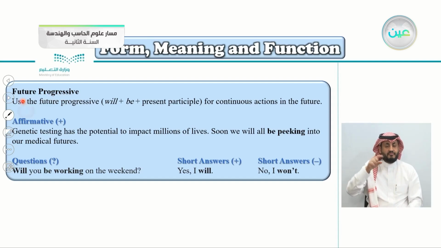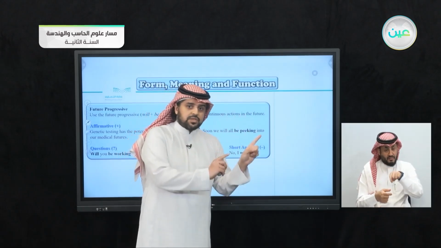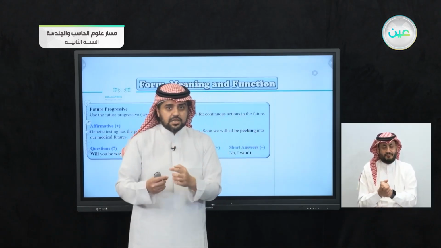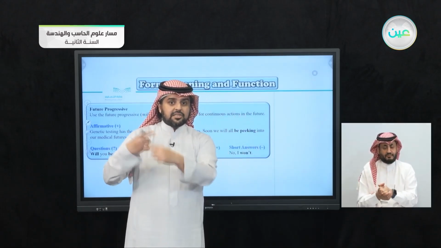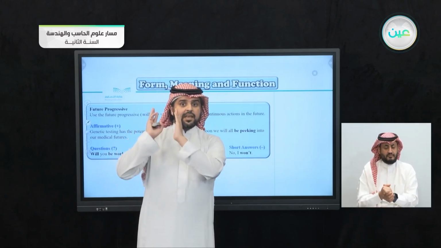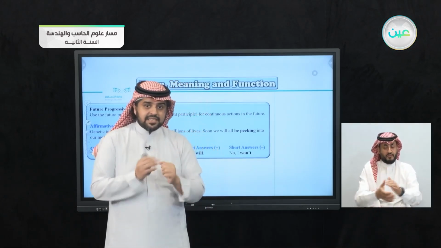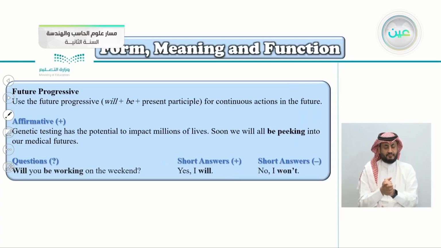So again, use the future progressive, will, be, and the present participle for continuous actions in the future. So here we're talking about the future and continuous action, something in progress that continues happening in the future.